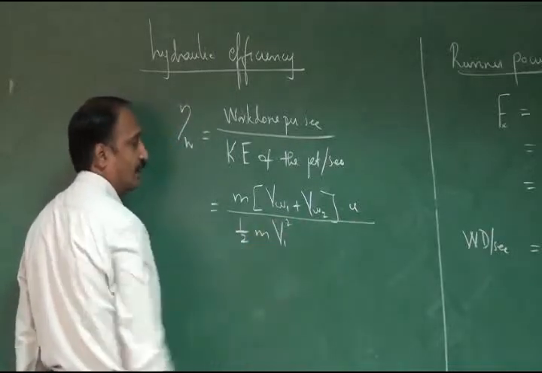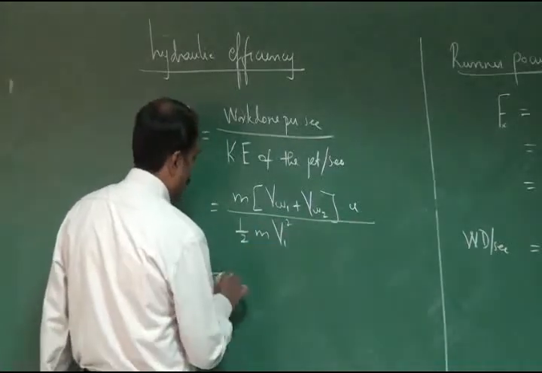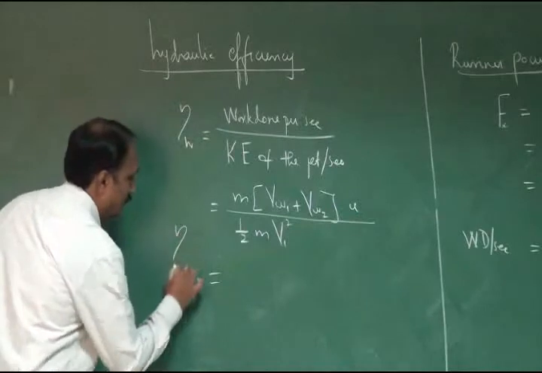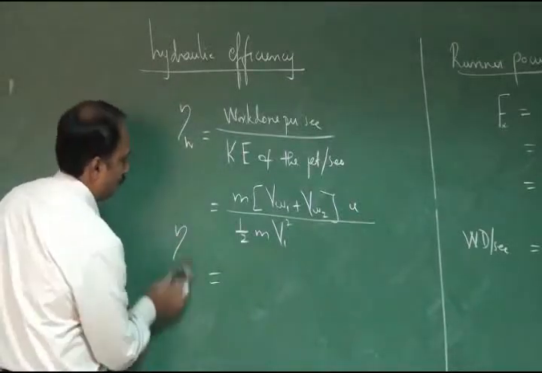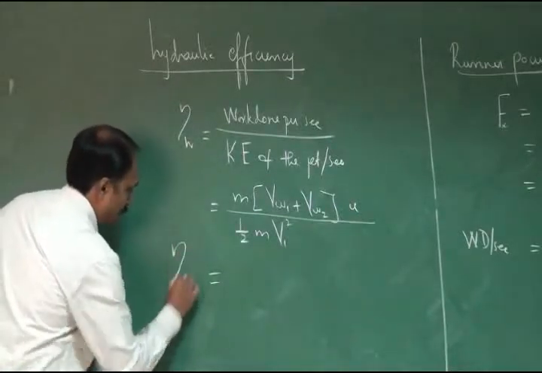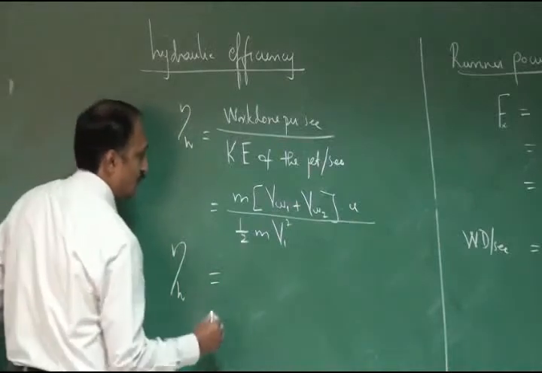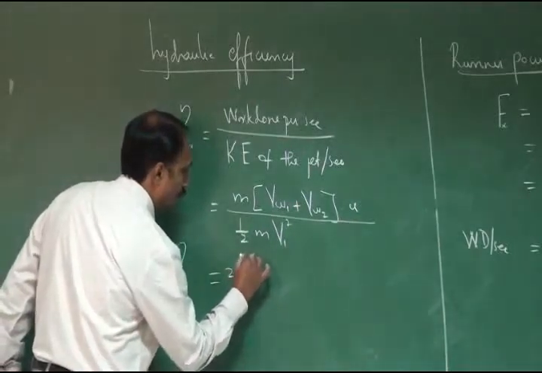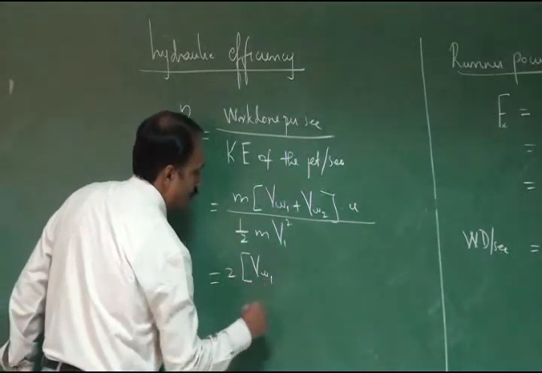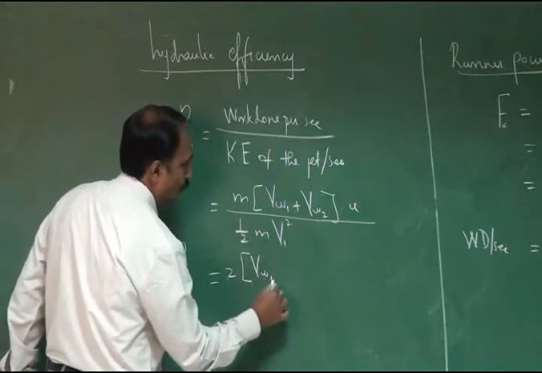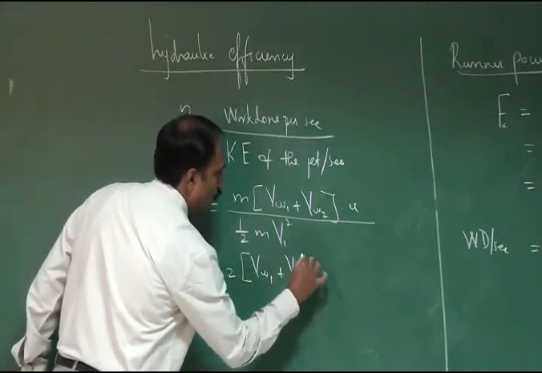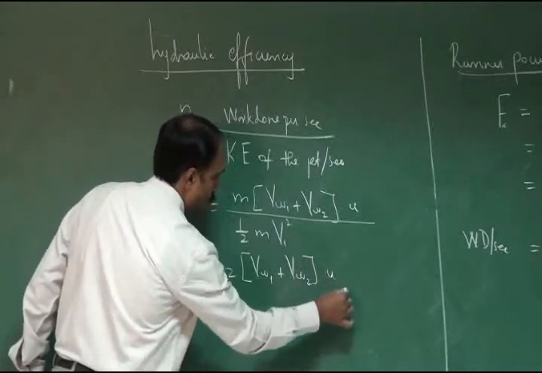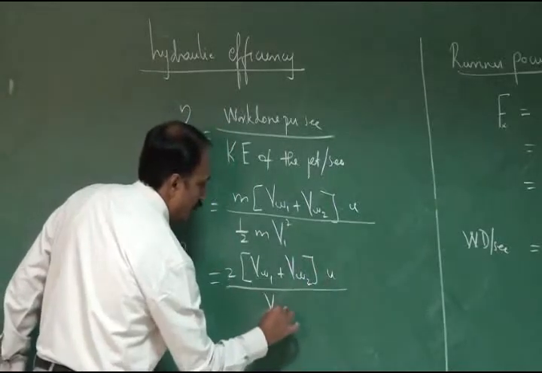Consider v1 as the absolute velocity at inlet. By simplifying the equation, we get the hydraulic efficiency as 2 times (vw1 plus vw2) into u divided by v1 square.